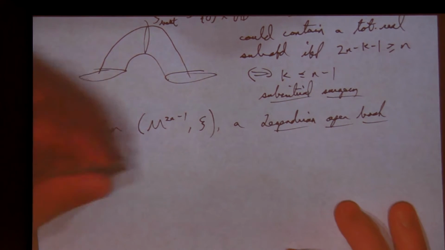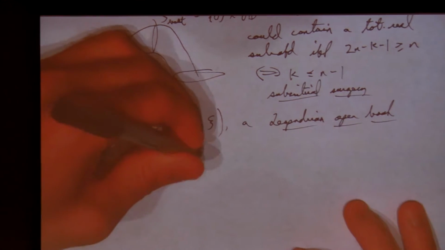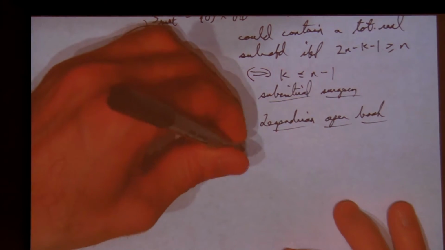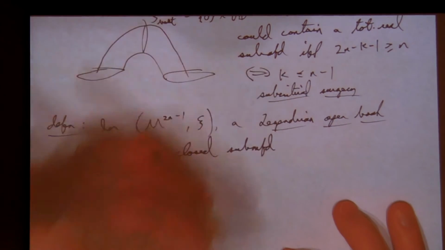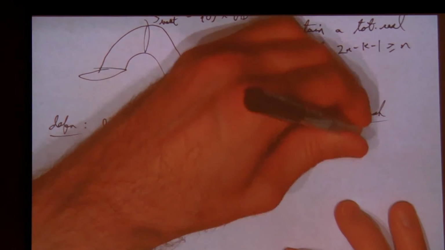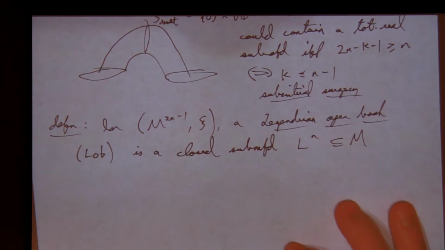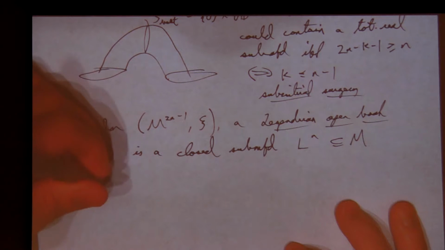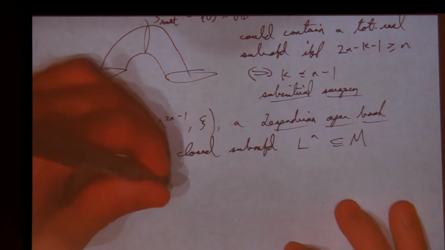So what's this? This is a closed submanifold L of dimension n. So that's one dimension larger than the dimension of a Legendrian submanifold. And it comes with the data of an open book decomposition.